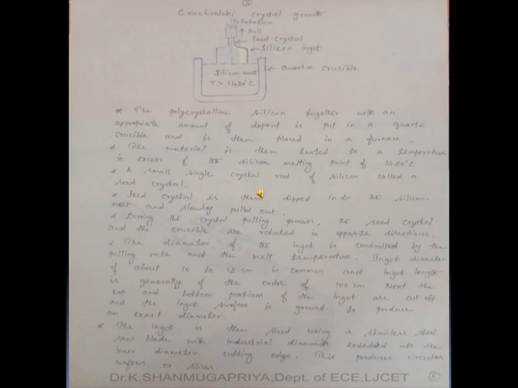The top and bottom portions of the ingots are cut off and the ingot surface is ground to produce an exact diameter size of 10, 12.5 or 15 centimeters. Then the ingot is sliced using a stainless steel saw blade with industrial diamond embedded into the inner diameter cutting edge.